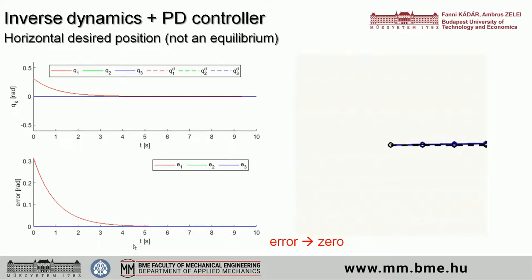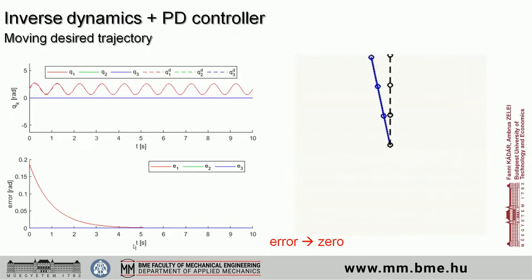But if the system is in the desired configuration, then there is no error, there are no PD feedback torques, but the pre-calculated feed-forward terms provide us the necessary torques to hold the system in this horizontal configuration.